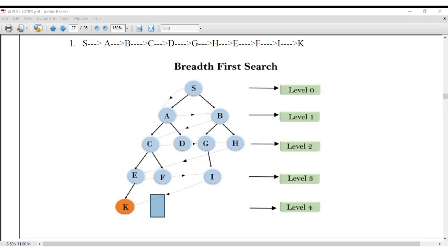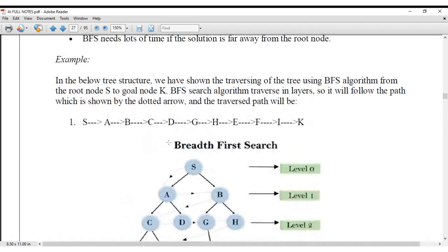Then if there is no optimal solution, it picks one of them and then digs down. Then it checks throughout the breadth of that node if there are other nodes. So that's how the breadth first technique works, by going through the breadth of the search space or the search tree.